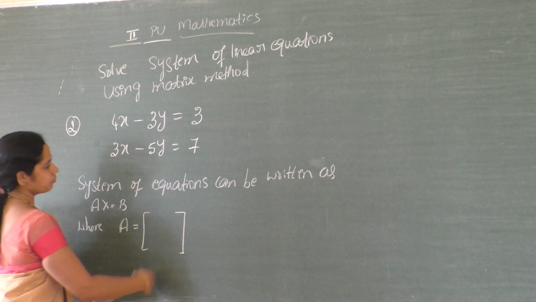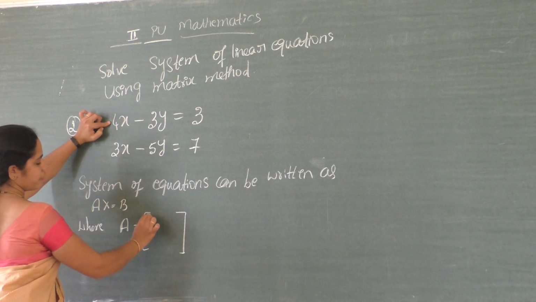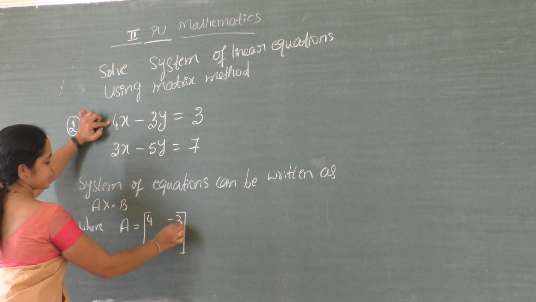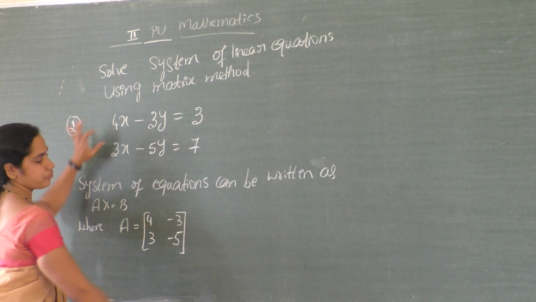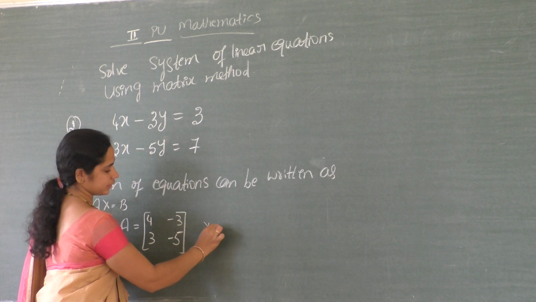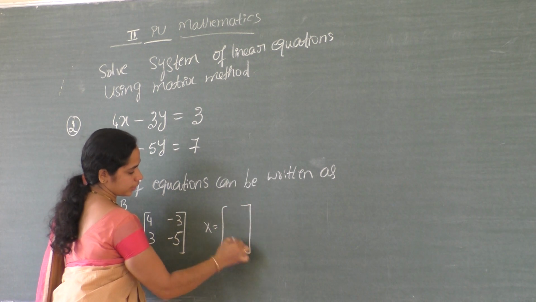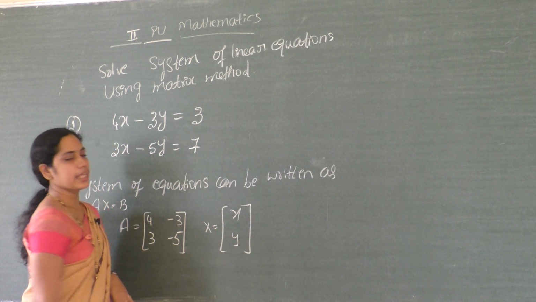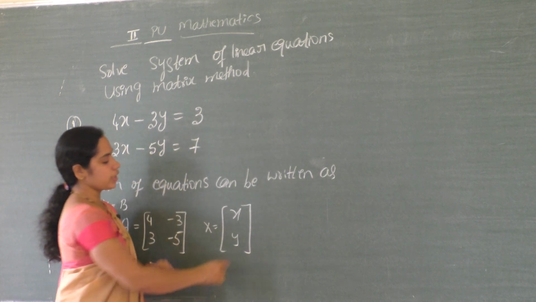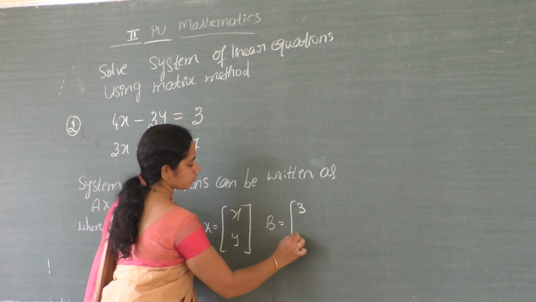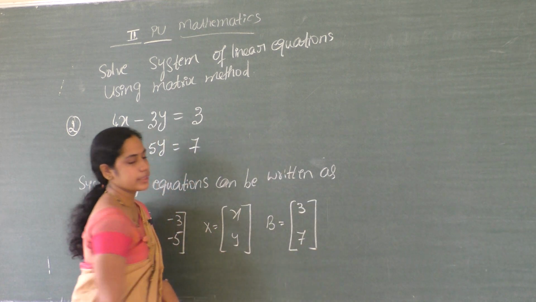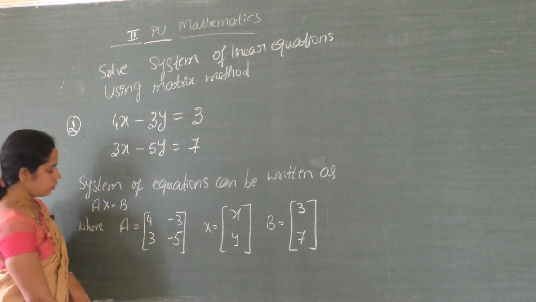A equal to coefficients 4, minus 3, 3, minus 5. Now matrix X, these are the unknowns x, y. This is the constant values. B equal to 3, 7.